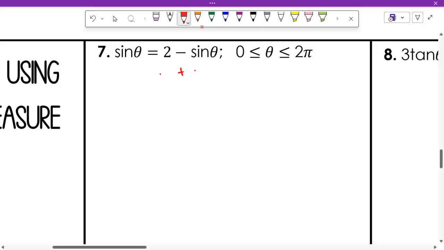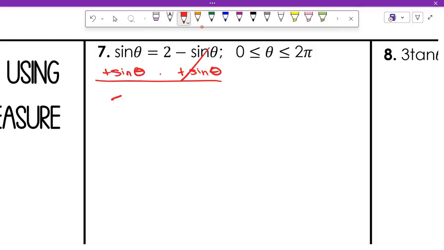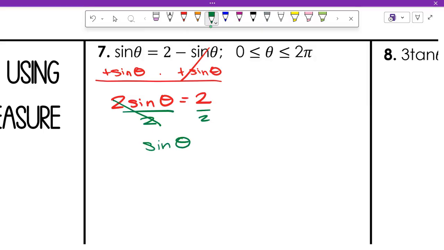So I'd go ahead and add sine theta plus sine theta. And so that gets me 2 sine theta is equal to 2. And then I'd go ahead and get sine theta by itself by dividing both sides by 2. And that gets me sine of theta is equal to 1.